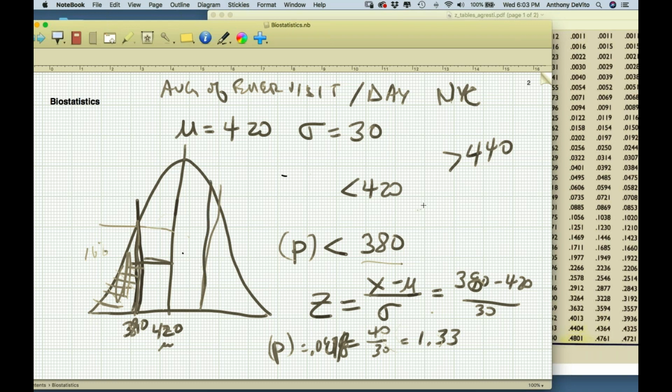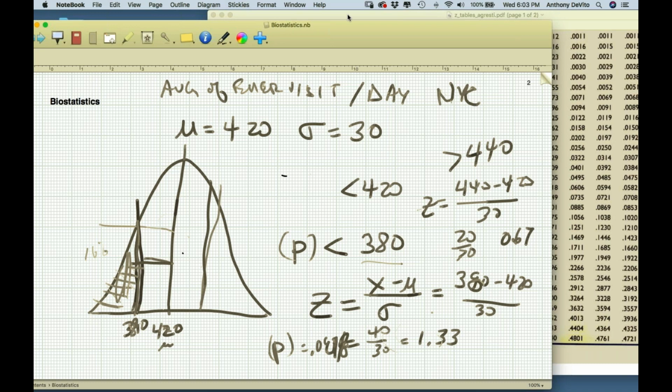Again, we use our calculation of z. It's going to be equal to 440 minus 420 over 30, and that's 20 over 30, or 0.67. I'll round that a little bit. I'm only using 2 digits because I know that's all the table is going to give me.